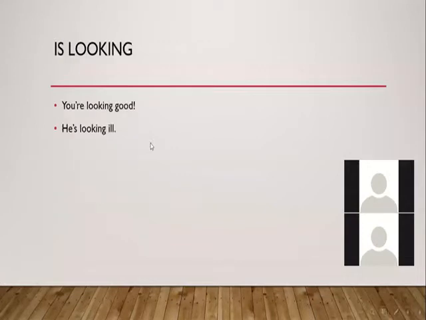So let's see another example or another part. Is looking. When I say you're looking good or he's looking ill, what am I describing here? Here I said, you're looking good. I want you to try to guess. Malak?